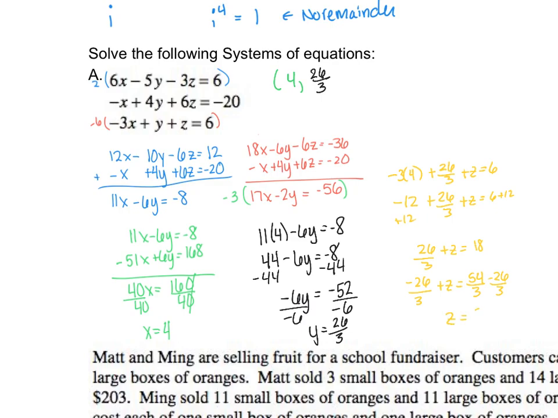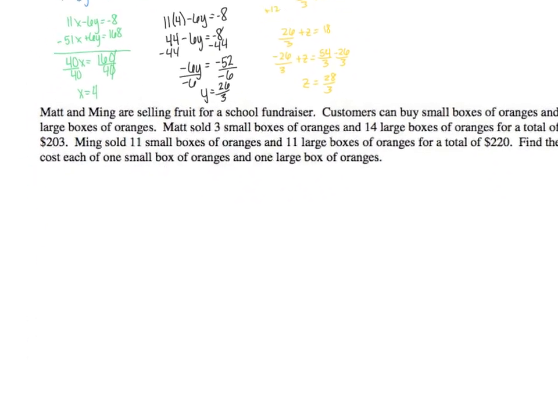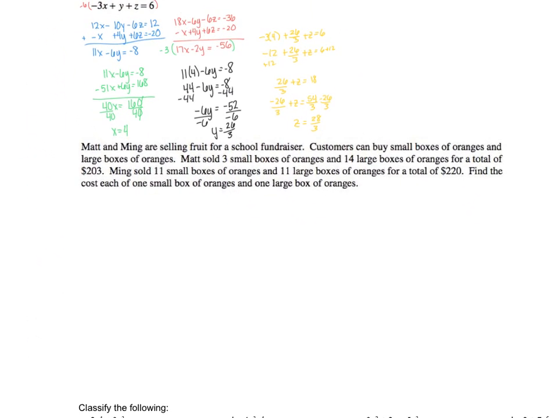So z equals 28 over 3. All right. Matt and Ming are selling fruit at a school fundraiser. Customers can buy small boxes of oranges and large boxes of oranges. Matt sold 3 small and 14 large for a total of 203.